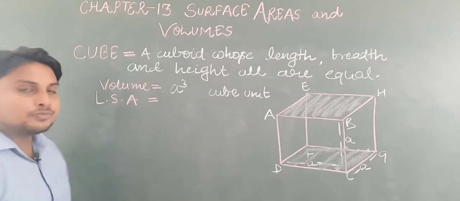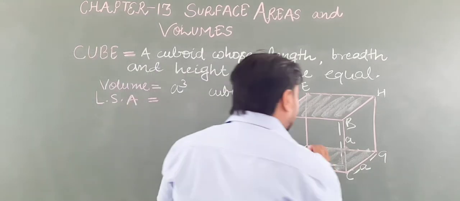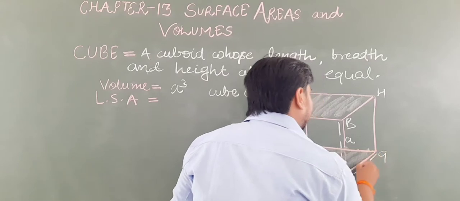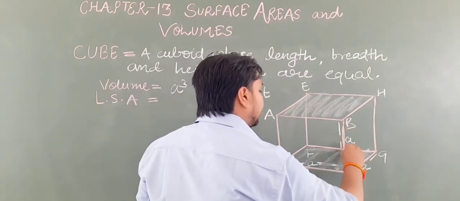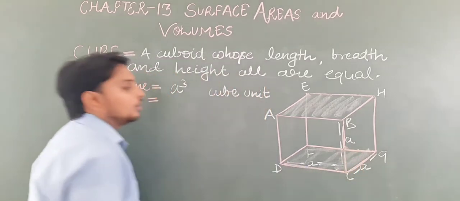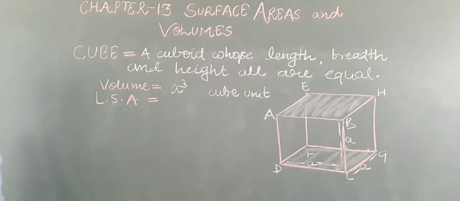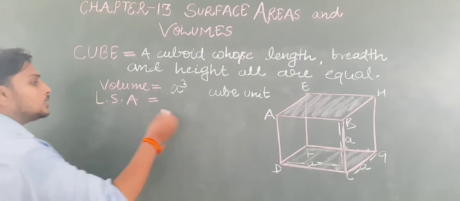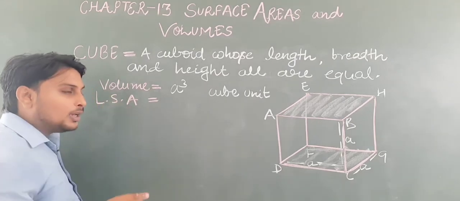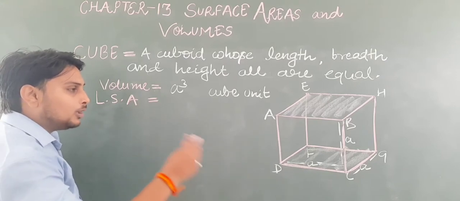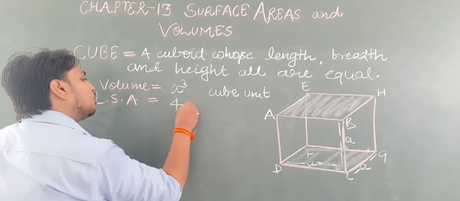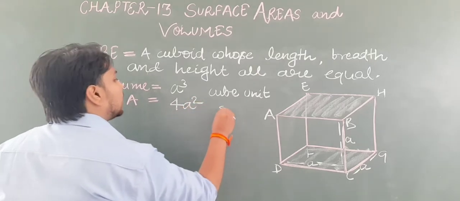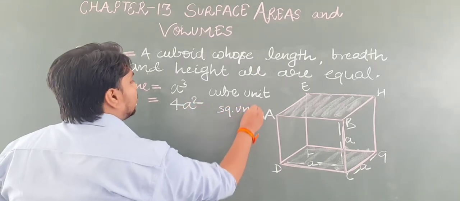So how many surfaces are left? Only 4 surfaces, only 4 walls are left. All the faces are in the shape of a square. So that will be 4A square and it will be in square unit.